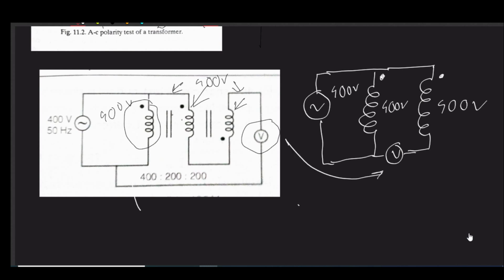This voltmeter V will read the difference between the two voltages, that is 400 minus 400, that is 0 volt. So we will get 0 voltage induced across the winding. Let me share another example if possible.